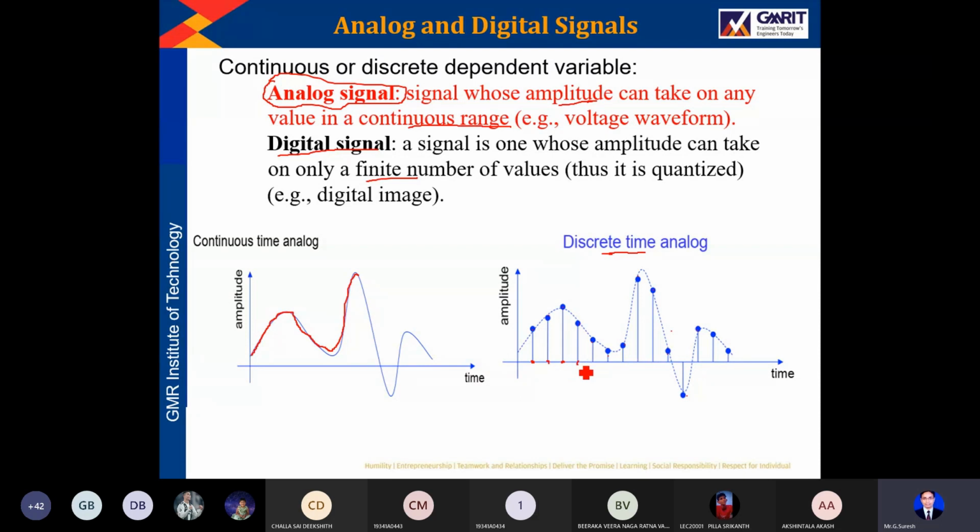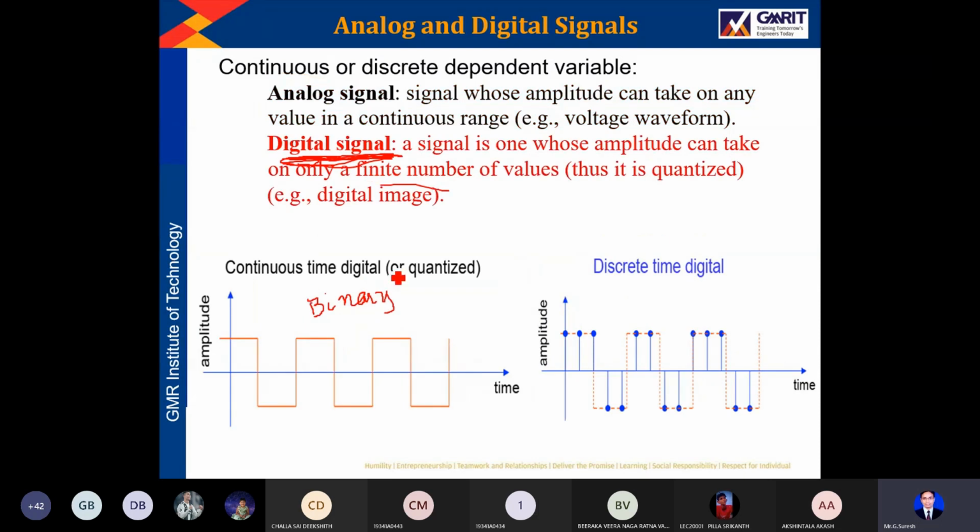That is the basic difference. Similarly, for digital also you can have continuous time digital. It is defined over a continuous range of time. Whereas this particular signal is discrete time digital. Discrete time digital means the time is discrete. What about the amplitude? Amplitude is digital, that means finite. That is the difference.